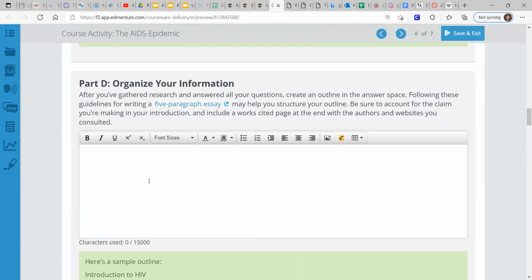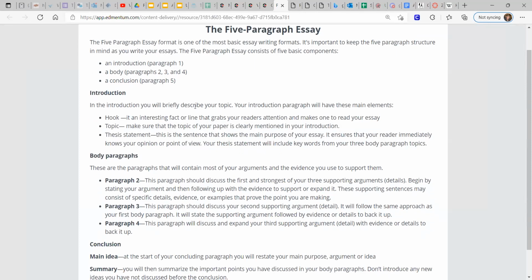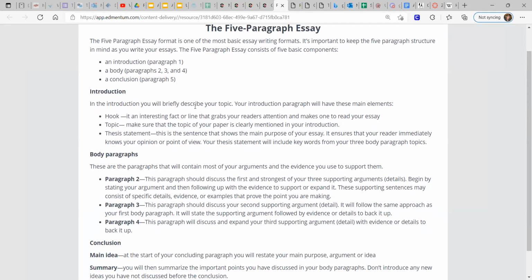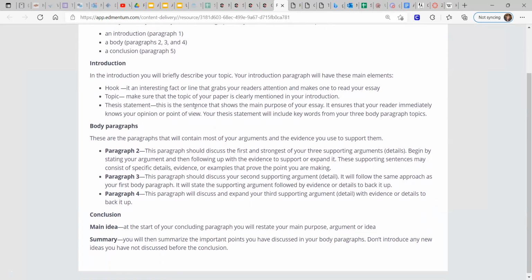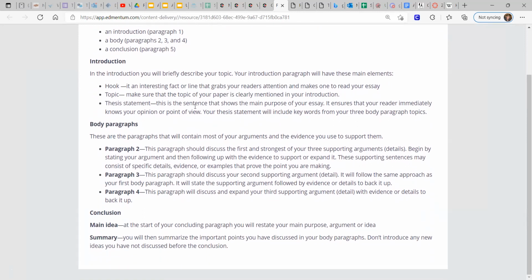Now we identified sources, we read through them, tried to understand the key points of those texts. And now we're going to organize the information we pulled from those sources. And a good way to style this is the 5-paragraph essay style, where you got your introduction, you hook them in with something, you establish a topic, and you present your thesis statement, and then you go into your body paragraphs, and these will focus on certain points.